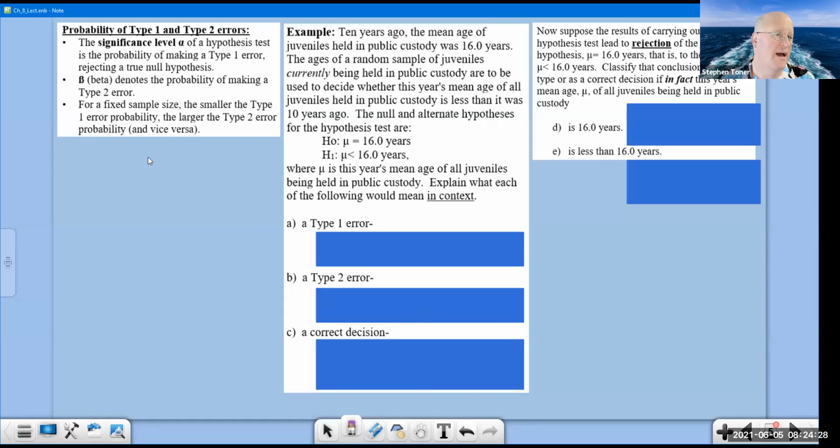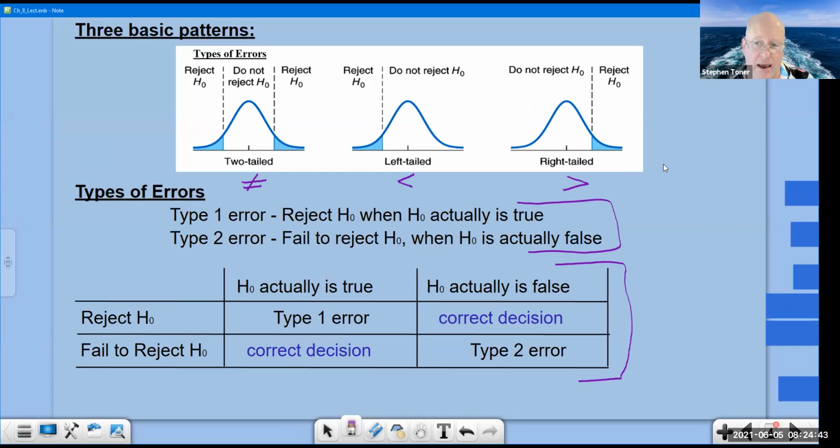Now, we mentioned these two error types, and the alpha that we've been dealing with in the past chapter is the probability of making a type 1 error. As we've been drawing these pictures and shading in these different regions, we've been saying, I'm going to reject. Here's my alpha down below.